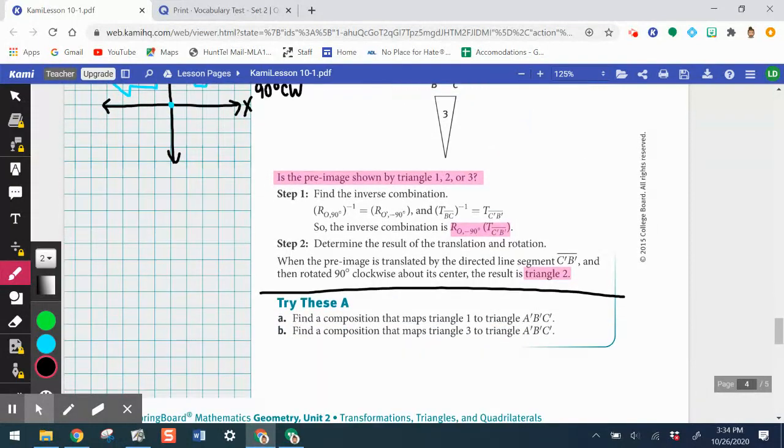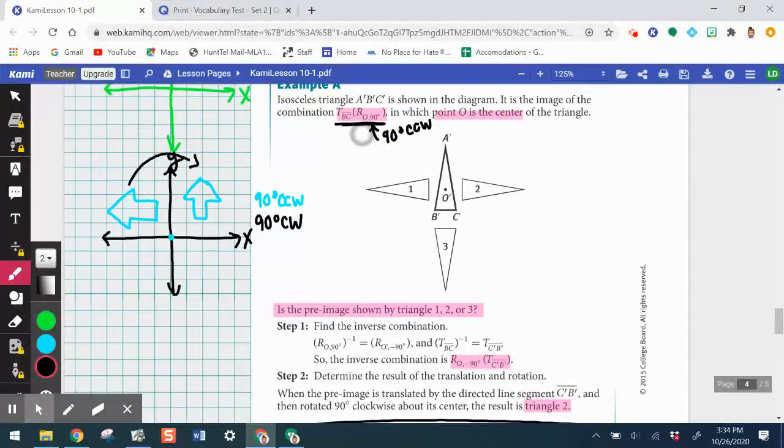So the other thing I want to point out, and I kind of highlighted it here, not only do we invert the individual transformations, but we also invert the order. Notice the original order, we started with the rotation 90 degrees counterclockwise, and then we translated using directed line segment BC. But the inverse function tells us we're going to translate using C prime B prime first, then rotate 90 degrees clockwise.